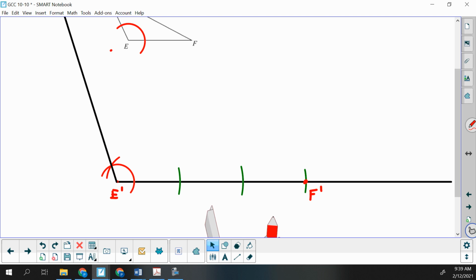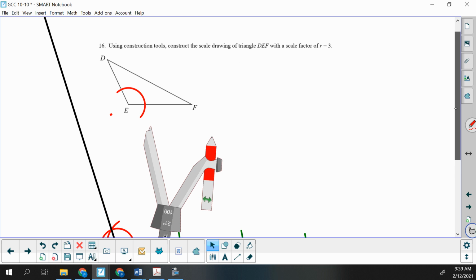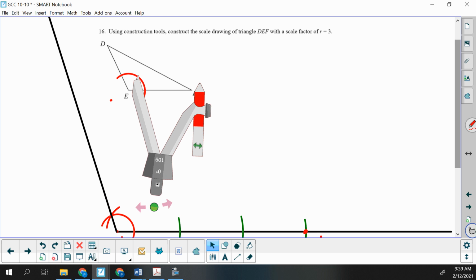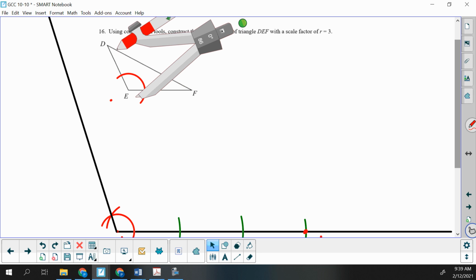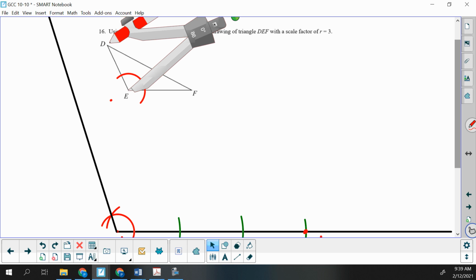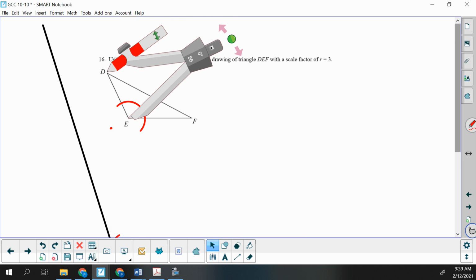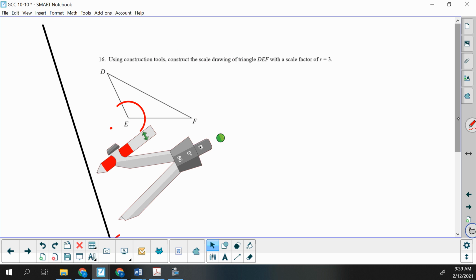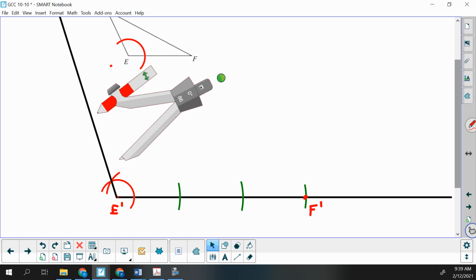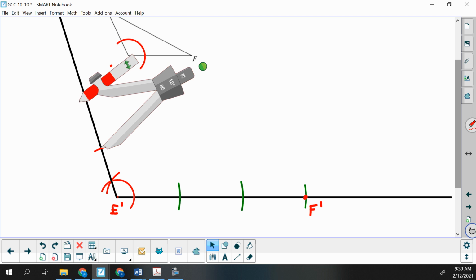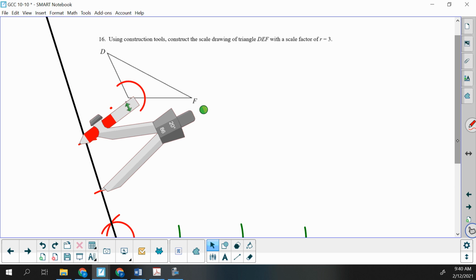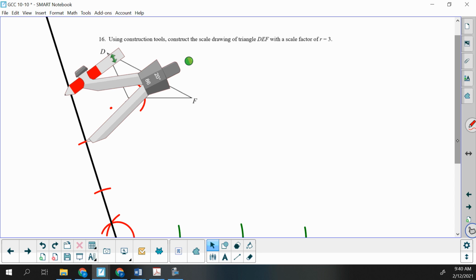So now we've got to go up, and we'll set our compass to E to D. And then bring that down to our segment here, and we'll mark that off 3 times. 1, 2, and 3.